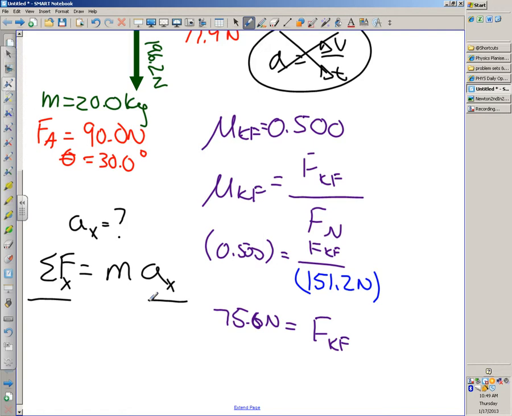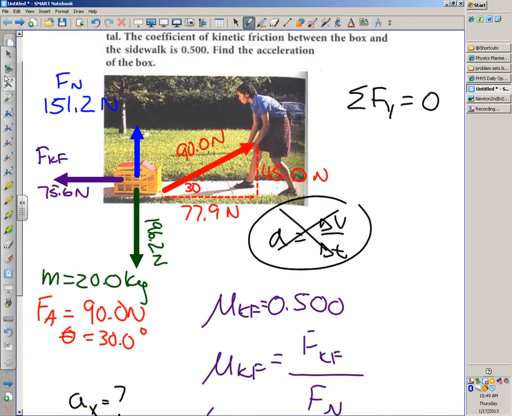Well, let's talk about that. Does everyone see where I got this equation from? Yes? All right. So now we look at net force, defined as the sum of all forces. Let's go back up to our picture.